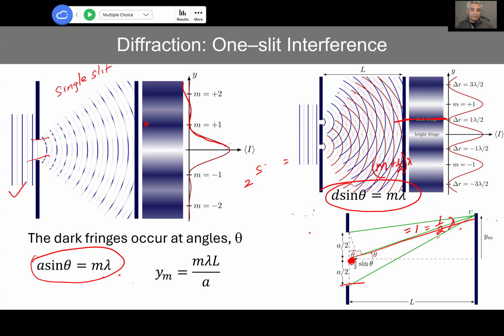Only that's the difference, but the equation looks similar. So when we are using a similar equation for the diffraction, we are using that for the dark fringes only, whereas when we were using this for the double slit interference, that was applicable for the bright fringes. So that's the difference. Otherwise, the equation looks equivalent, similar. Okay, so let's not get confused there.